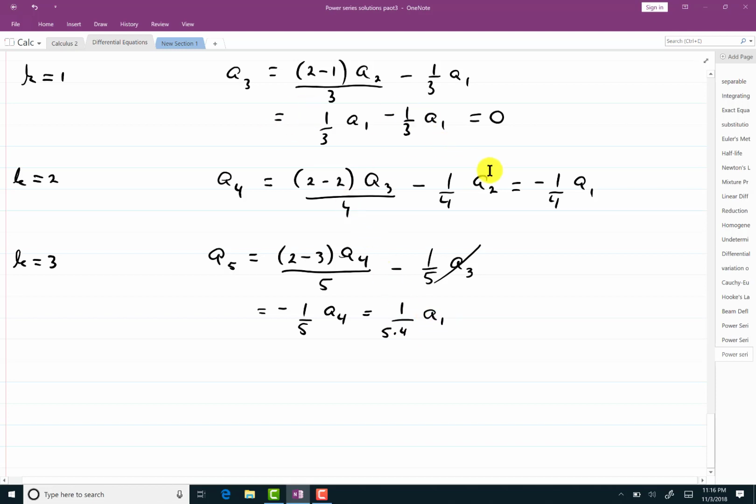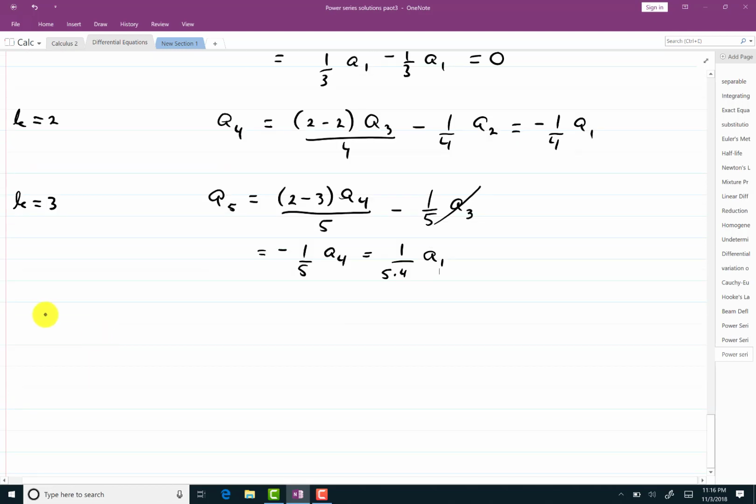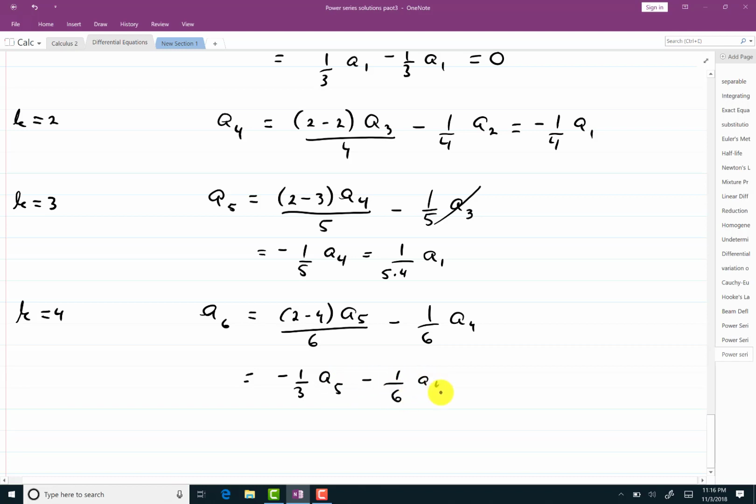Now, since the a sub 3 term has zeroed out, I'm going to do one more term just for good measure. k equals 4. A sub 6 will equal (2 minus 4) a sub 5 all over 6, minus 1 over 6 a sub 4. 2 minus 4 is negative 2, so I'll get negative 1/3 a sub 5 minus 1/6 a sub 4.